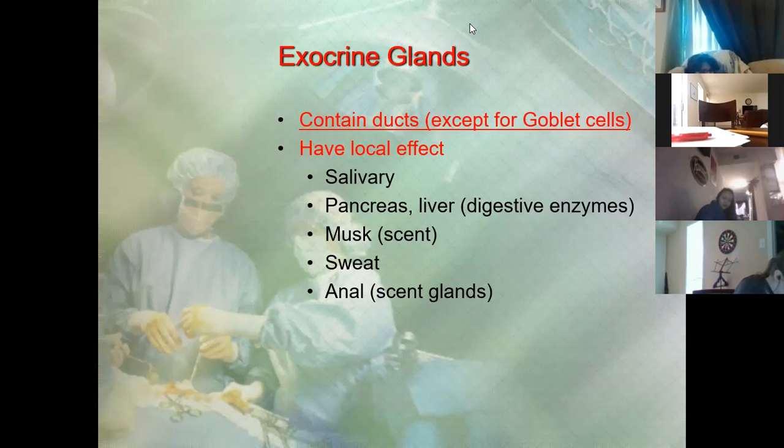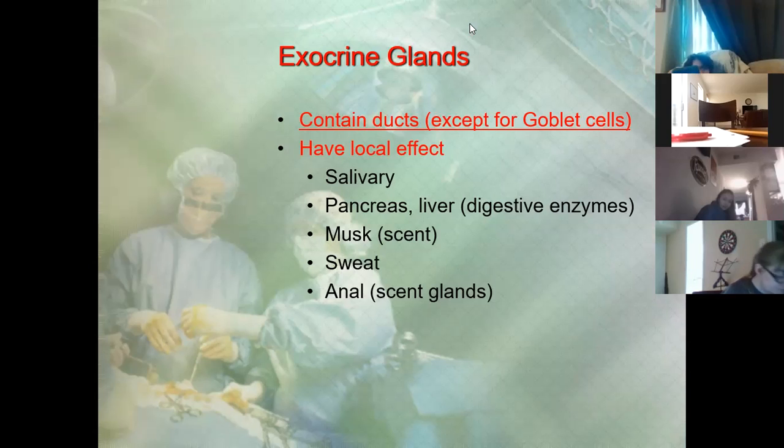These glands are going to be far more localized. Think like, for example, a sweat gland. One sweat gland only affects a tiny little area. You need a lot of sweat glands to produce a full body effect.